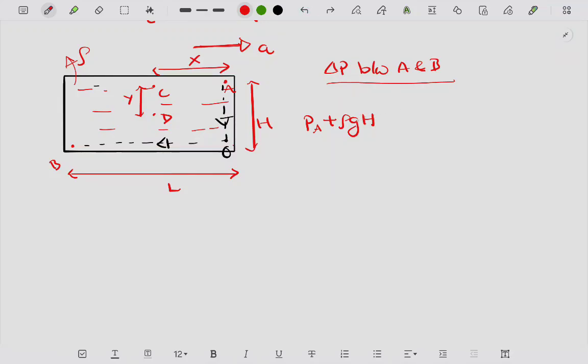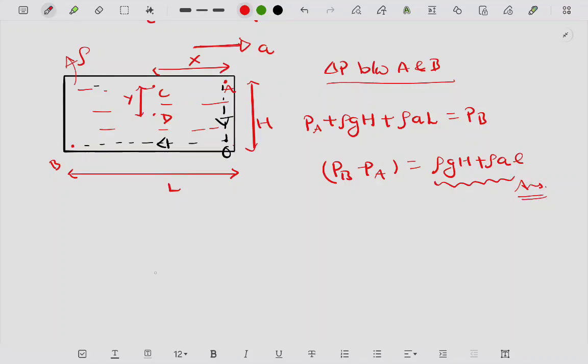As we have studied earlier, in the opposite direction of acceleration, pressure increases by rho A into L, because we are moving L length. Finally we have got PB. So PB is more, and the pressure difference between point B and A is rho gH plus rho AL. Whatever the value of A is given, we can keep it here and we'll get the answer.